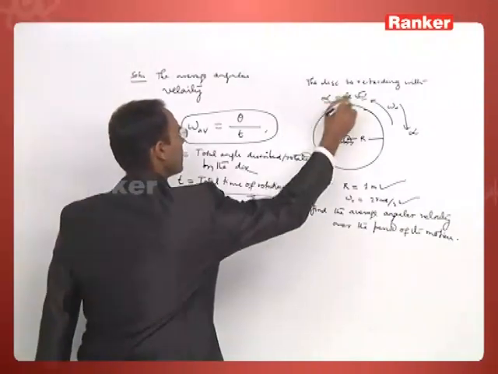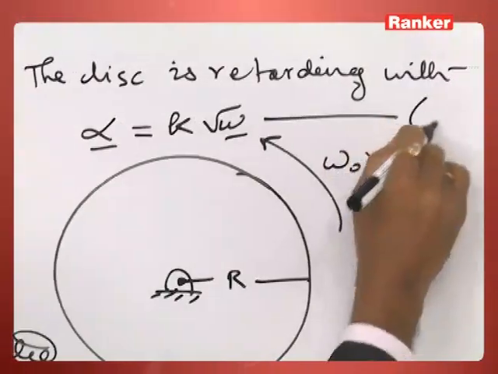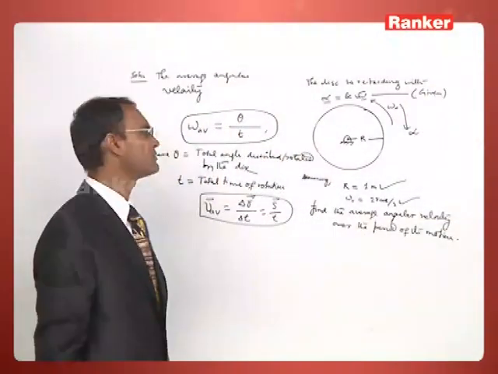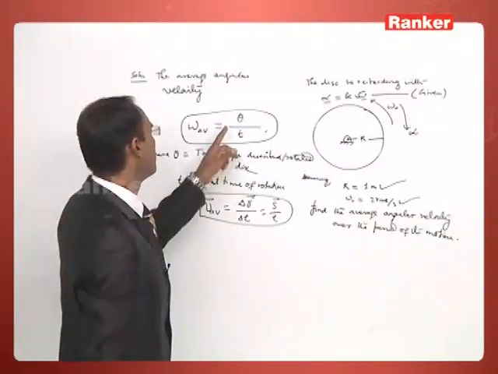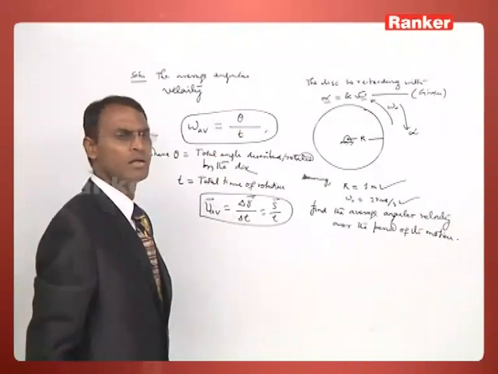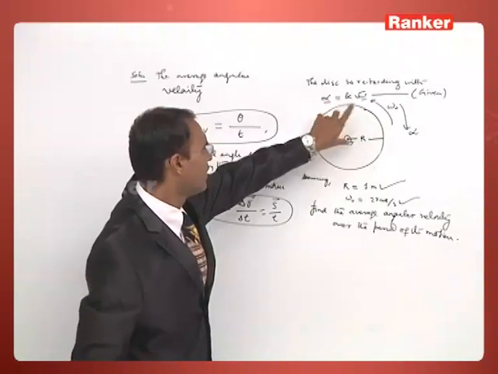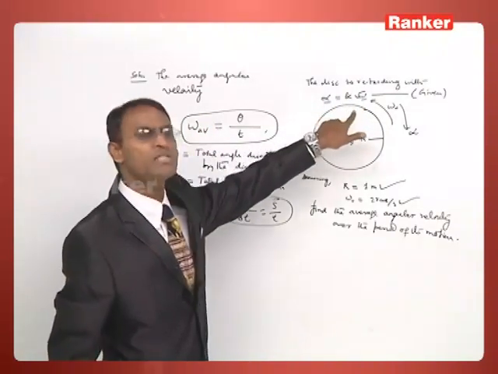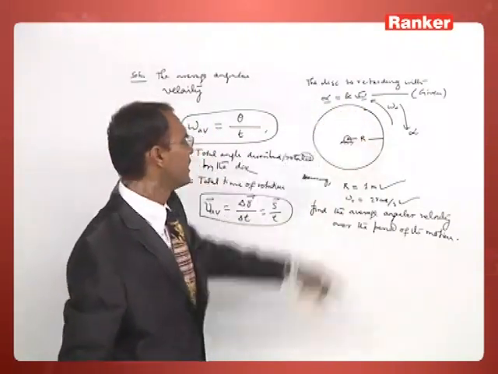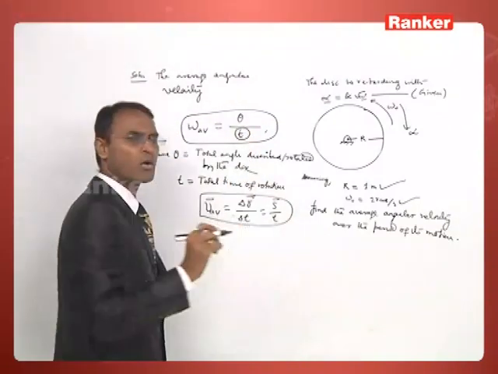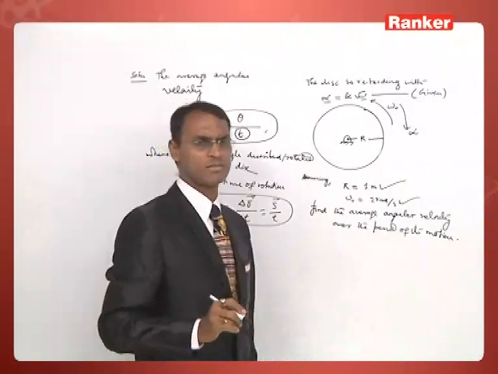Using this equation given in the question, we need to find the total angular distance the disk undergoes, and the total time of rotation of the disk till it stops.